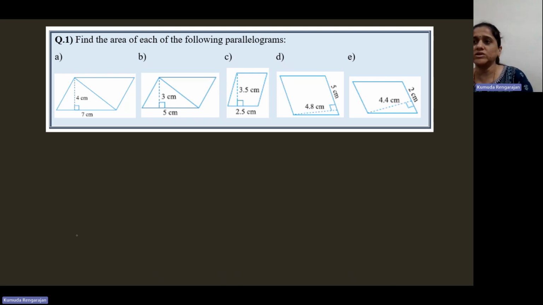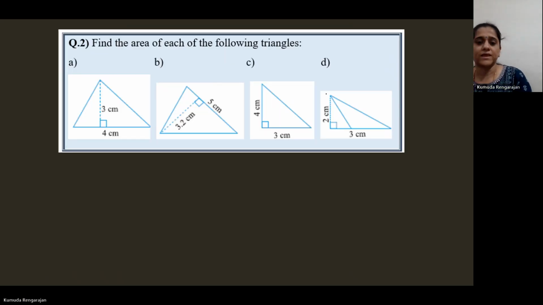So base into height will give you the area of the parallelogram. These are triangles. Half base into height, half into base into height. See, the altitude lands on that base. So half into 5 into 3.2.